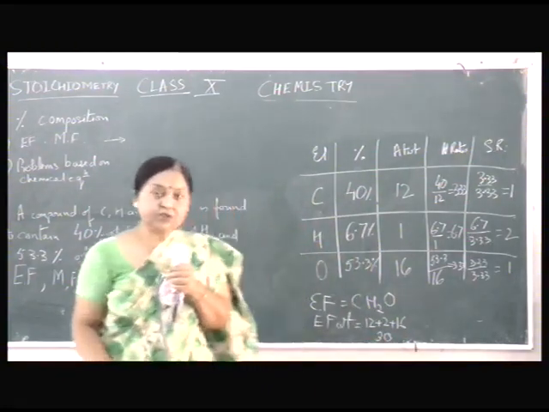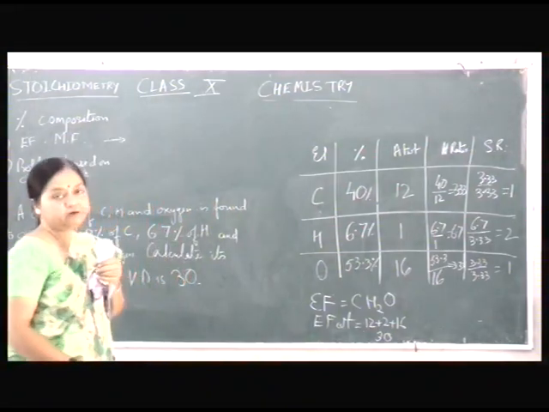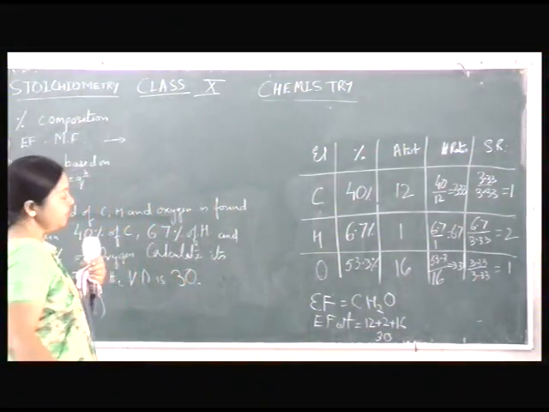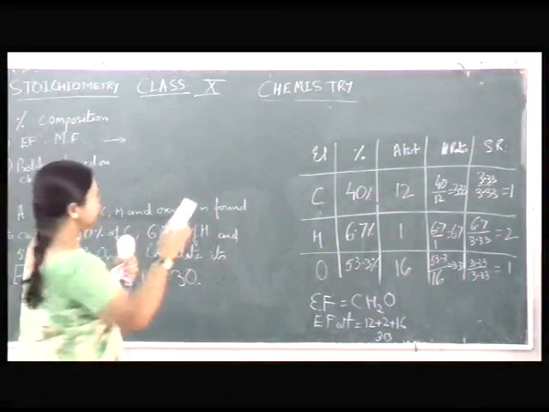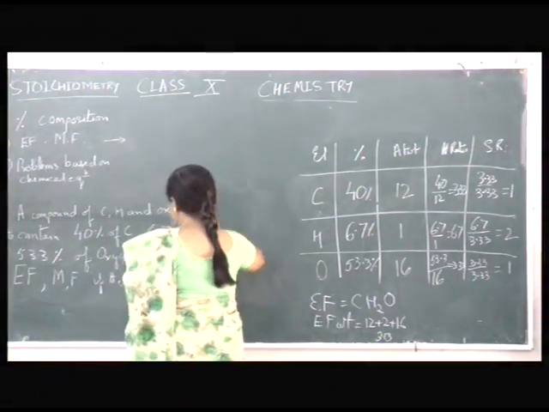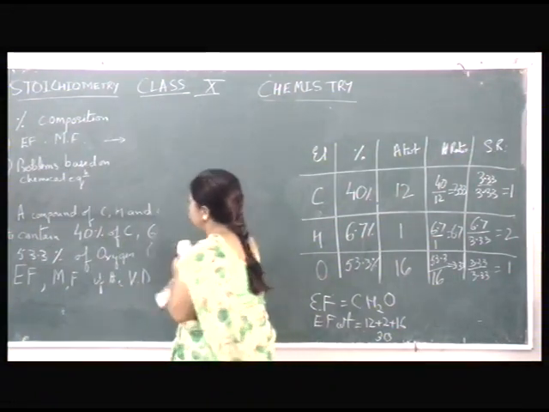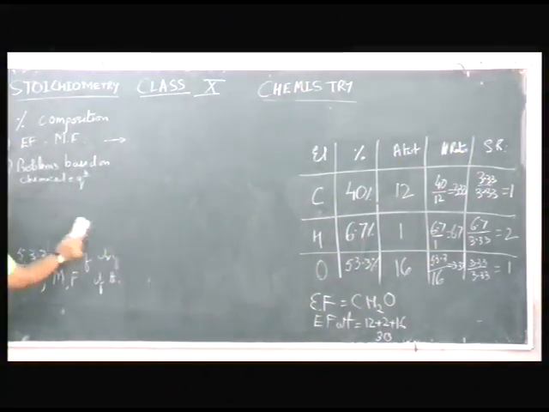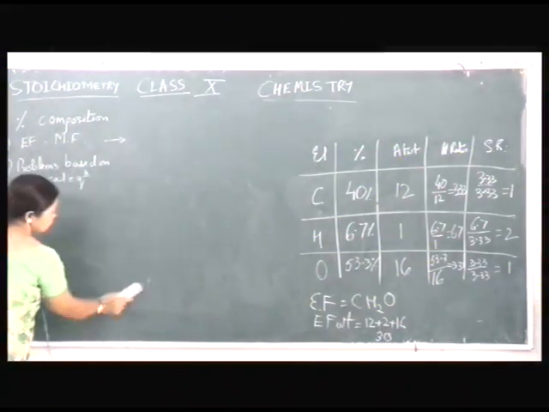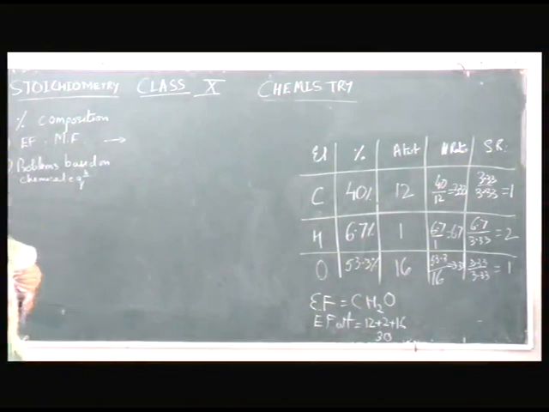Our next step is to calculate the molecular formula. Vapor density is 30, please remember that. The next step is calculation of the molecular formula.